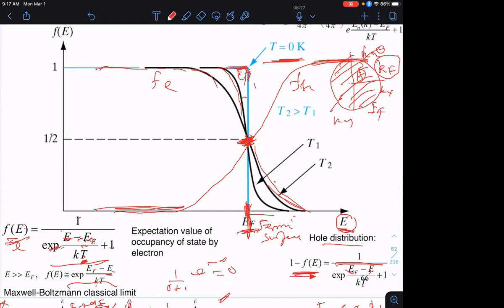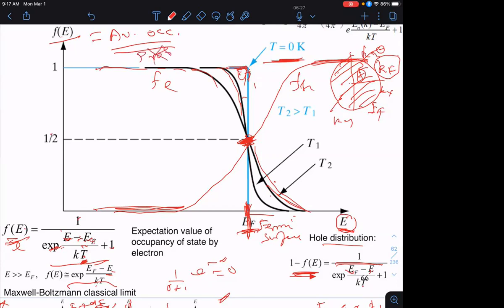Now, this Fermi-Dirac factor ranges between 0 and 1, but you should not mistake this for probability of occupancy. This is really the average occupancy of a quantum mechanical state. But because in the case of fermions it ranges between 0 and 1, people will mistakenly sometimes call it probability of occupancy.